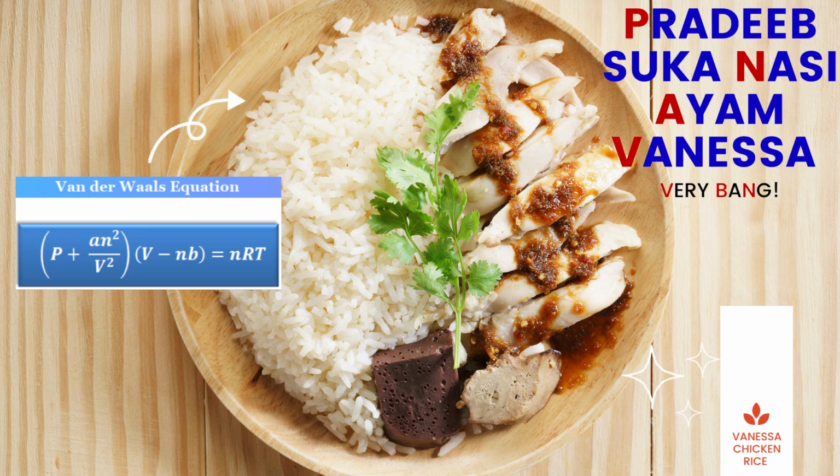Ayam, A from ayam stands for small letter a. And V from Vanessa stands for V to the power of 2. V from very stands for capital letter V. B stands for small letter b, N stands for small letter n, equals nRT.